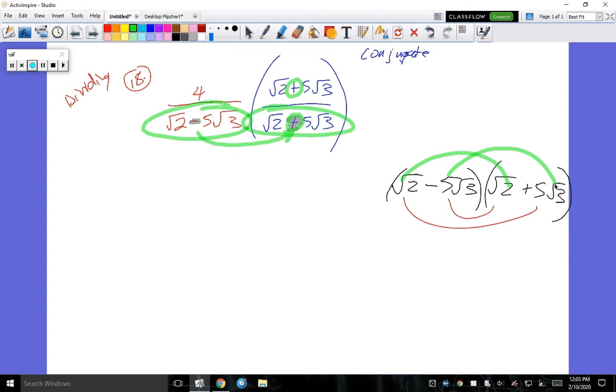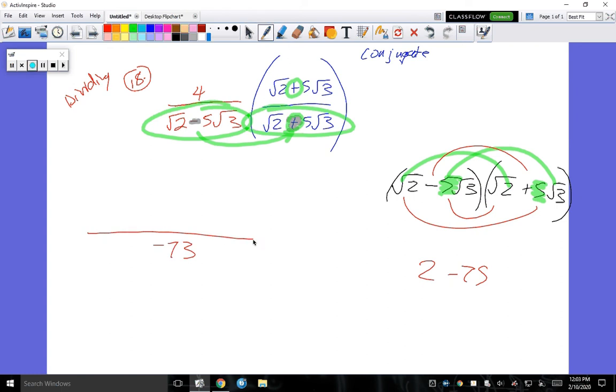Negative 75, okay? Because the 5's become 25, and the root 3's become 3. Okay, so you have a 2 minus, because it's a positive and a negative, 75. We good? So I'll get a negative 73 as my denominator.